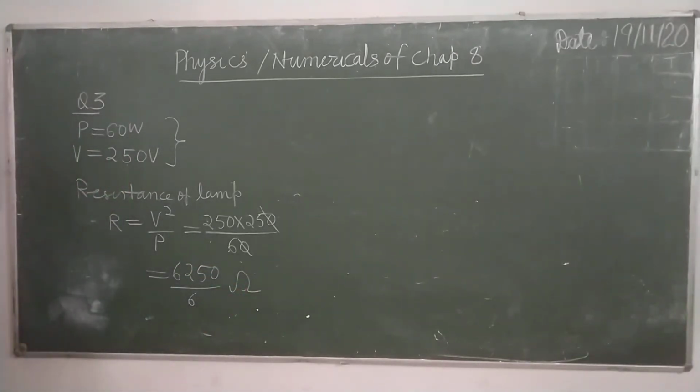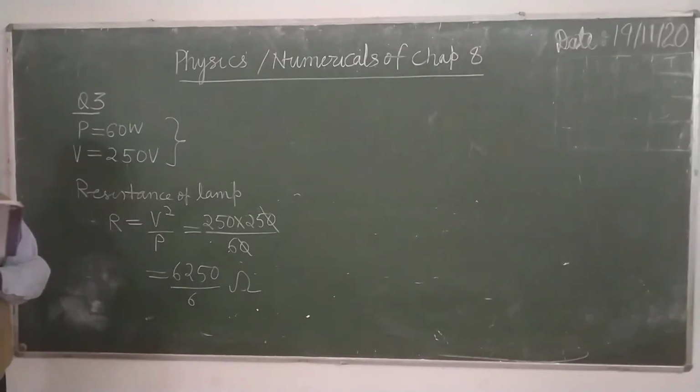Now we will not simplify it further, because this is not the final answer. It has not been asked in the question. It is clear? Suppose it has been asked in the question what is the resistance of the filament of the lamp, then you will write it in decimal. It is clear? Now see here.